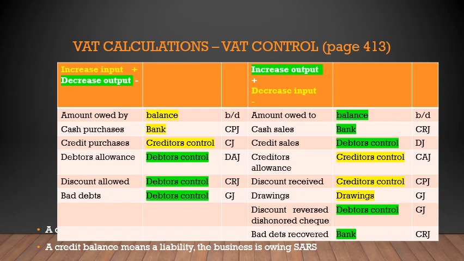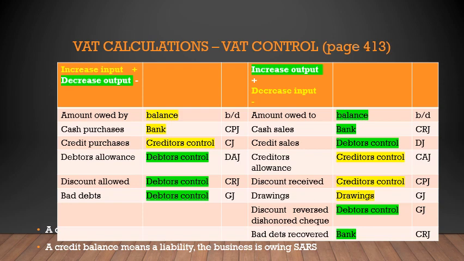Then on the credit side, anything that increases output will be on the credit, and anything that decreases input will be on the credit side. Anything to do with output is green, that is increasing, and the ones which are decreasing input are in yellow.